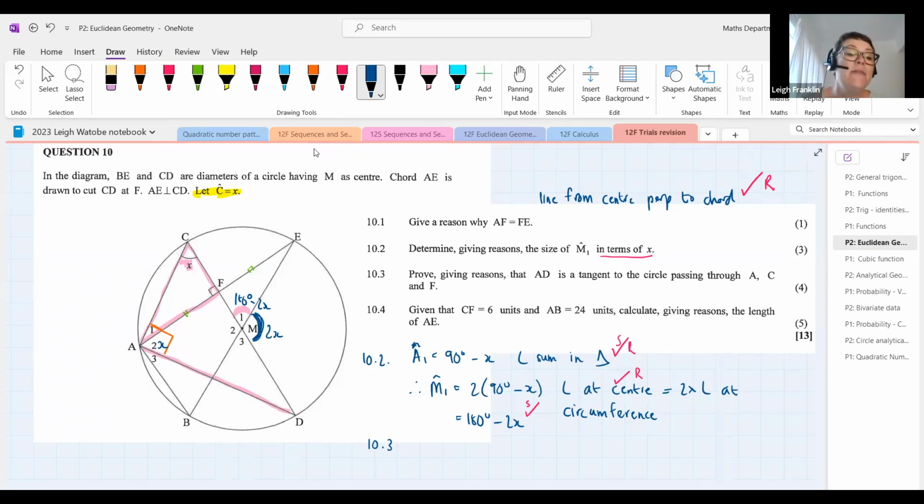We can say that angle A1 plus A2 is equal to 90, angle in a semicircle. Therefore, AD is a tangent to the circle, and then that would be converse, radius perpendicular to tangent.